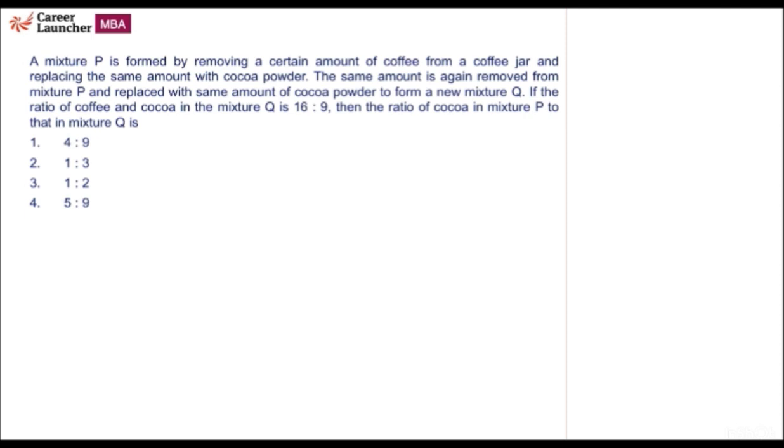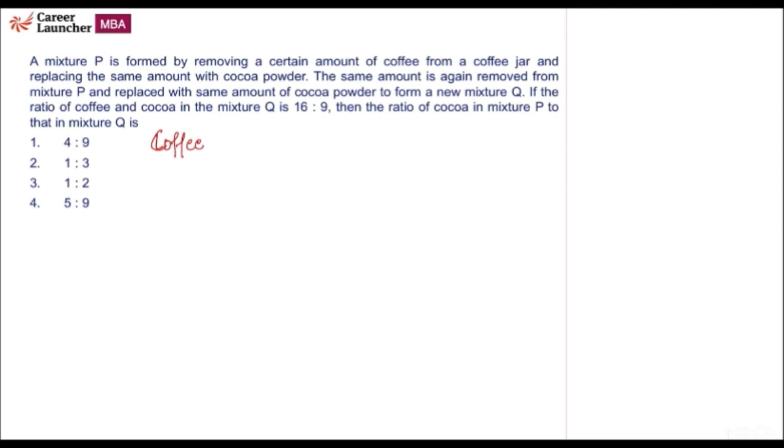In removal and replacement questions, we have a formula. If we have some initial amount, let's say here it is coffee, initially we have only coffee.